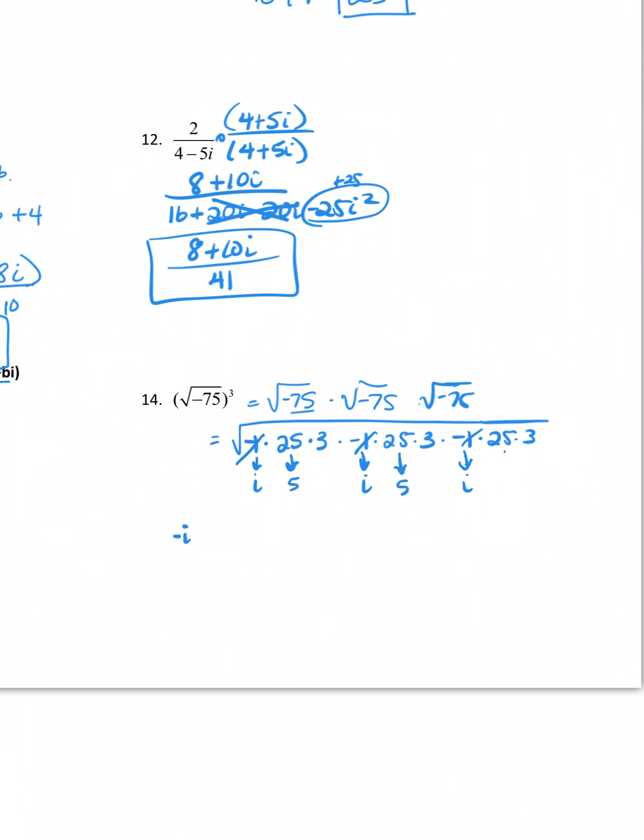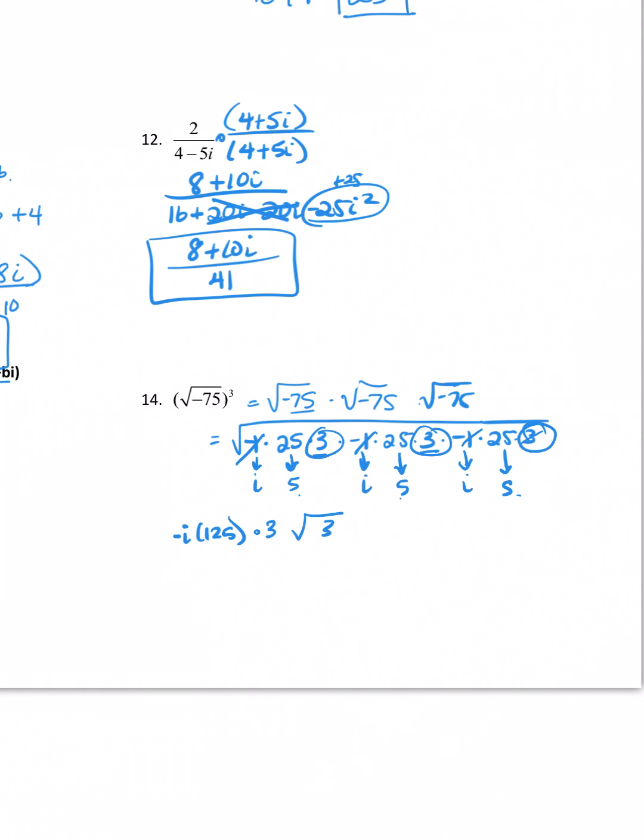This is 5. And this is 5. So if I multiply those out, 5 times 5 times 5 is 125. And then the 3, there's not a perfect square here, right? But if I multiply them out, 3 times 3 is 9. 9 is a perfect square, meaning I can take a 3 out, and that leaves a 3 underneath the radical.